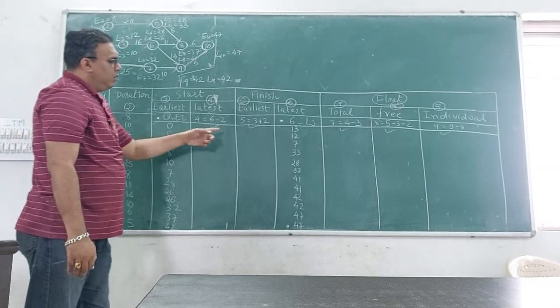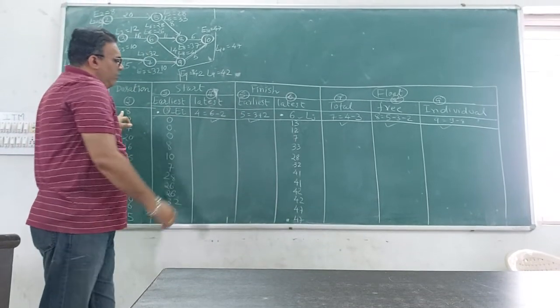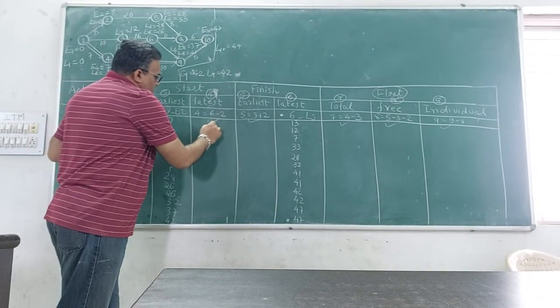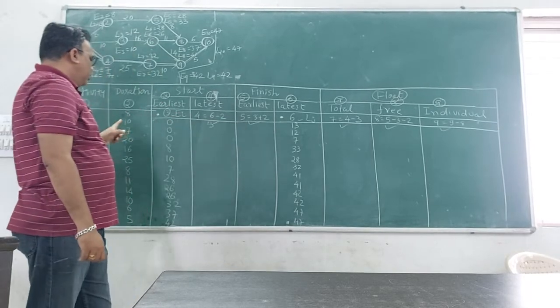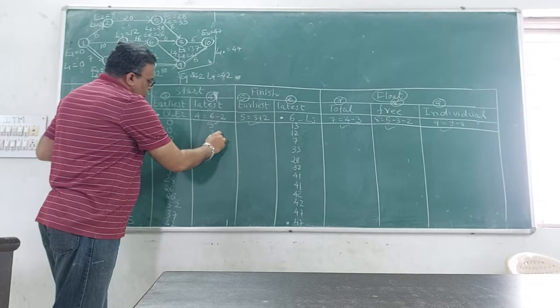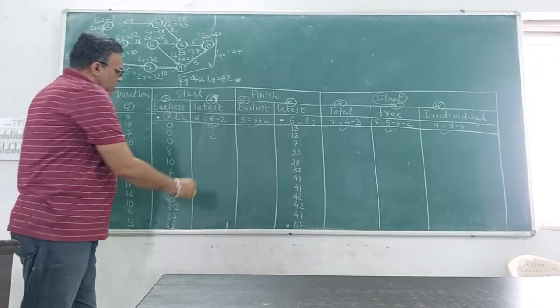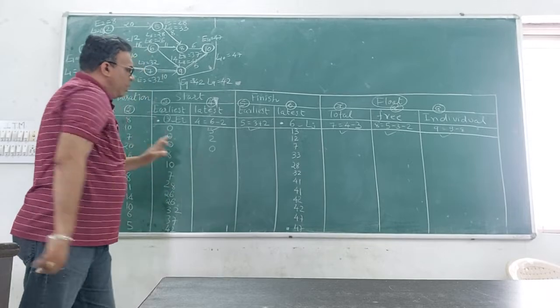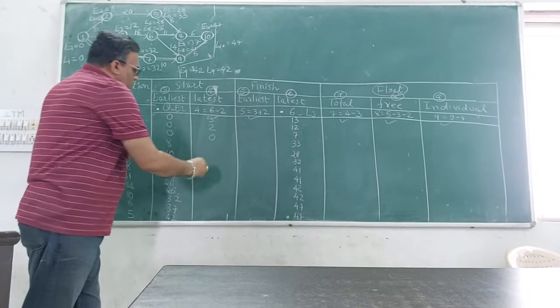So 13 minus 8 is 5. You write that down over here. Same way 12 minus 10, 2. Same way 7 minus 7, 0. Okay, 33 minus 20, 13.